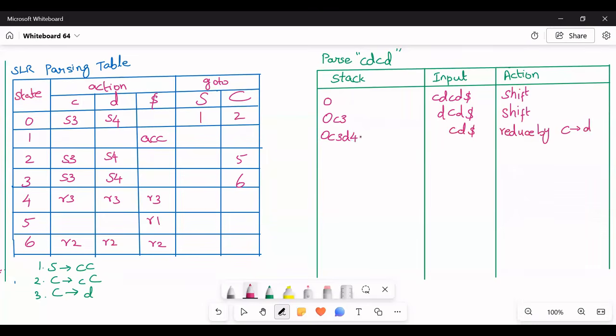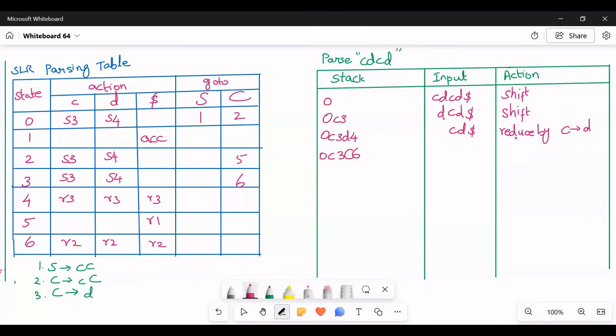The top of the stack is the right end of the string. So in 0C3, pop these two symbols. Then push the left hand side, capital C. Then we refer to the goto table: 3C means 6.